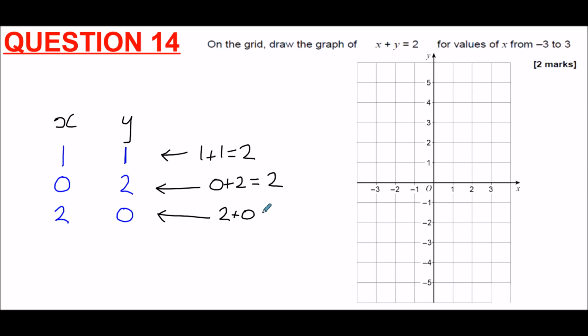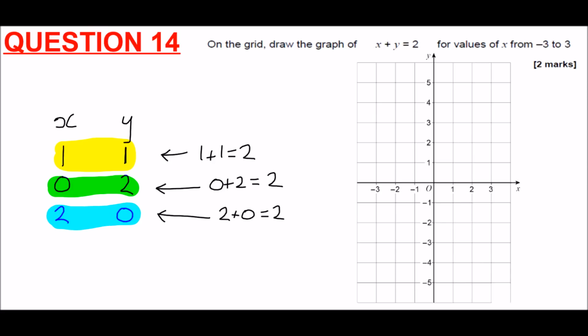So I did say we only need 2 points. What I've done here is 3 separate points, in fact. Not just 2 points, but 3. So the first point is that x could be 1 and y could be 1. Second point is when x is 0, y could be 2. And the third one I've shown here is that when x is 2, y could be 0.